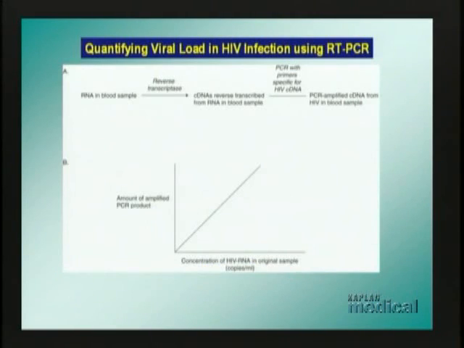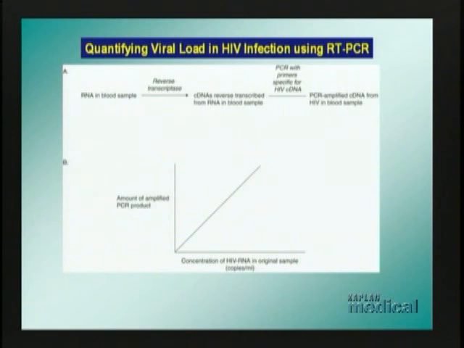Now the last figure in Chapter 7 is the quantifying of viral load in HIV infections using something known as RT-PCR. RT stands for reverse transcriptase PCR. So if someone has HIV, as you know, HIV is an RNA virus, so the RNA can be in the blood.